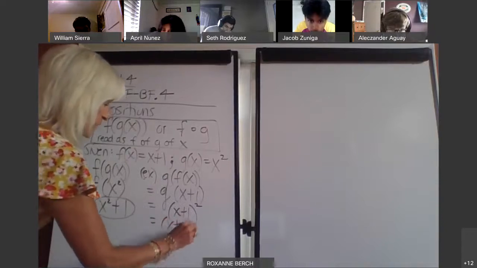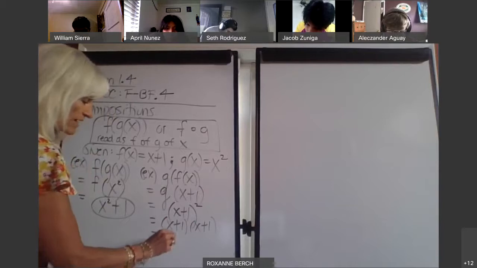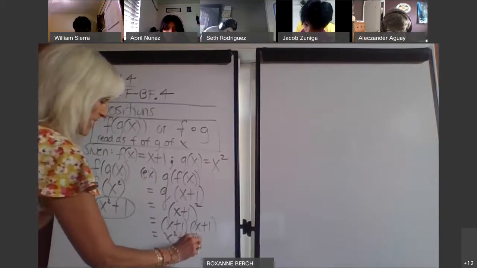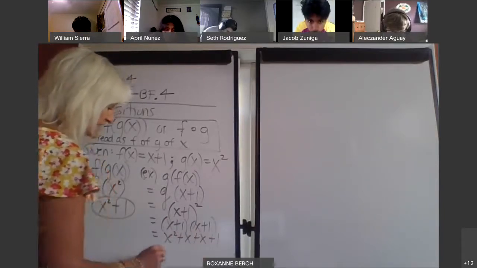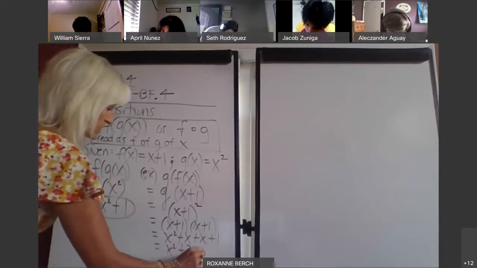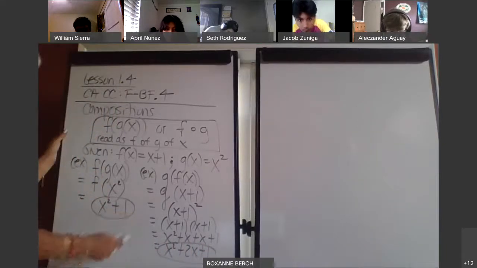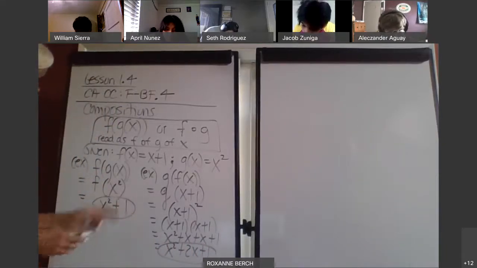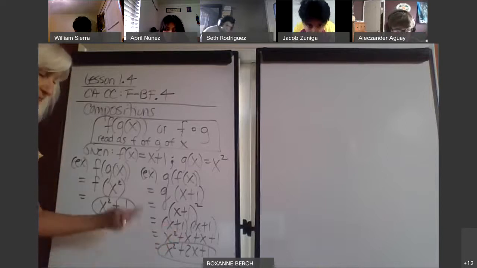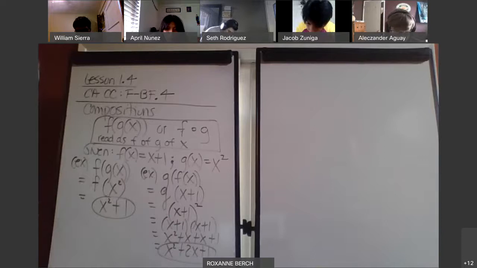This would be x plus 1 times x plus 1, which is FOIL: x squared plus x plus x plus the last, so x squared plus 2x plus 1. If you know the FOIL method, good. If you know the box method, but what you're doing is a fancy distributive property. You're multiplying two binomials.